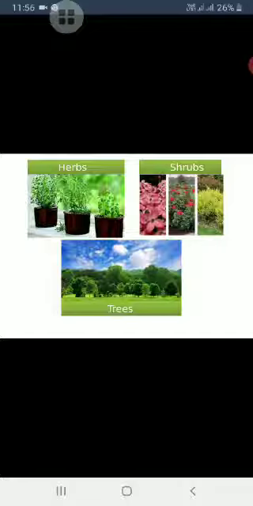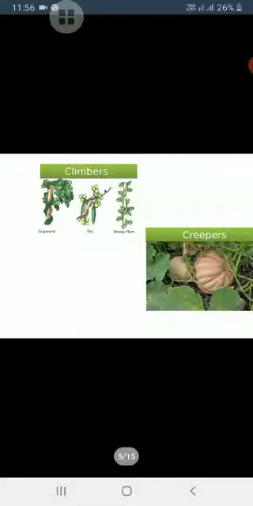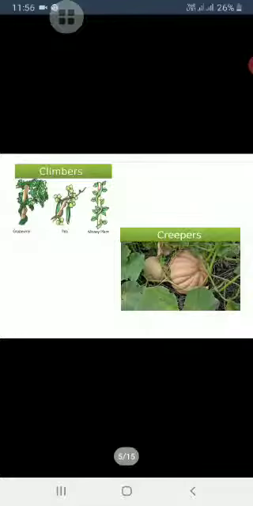Apart from these, there is another type of plants that are different from herbs, shrubs, and trees. These plants have weak stems and cannot stand upright. Some of these spread out on the ground, and these are known as climbers and creepers.